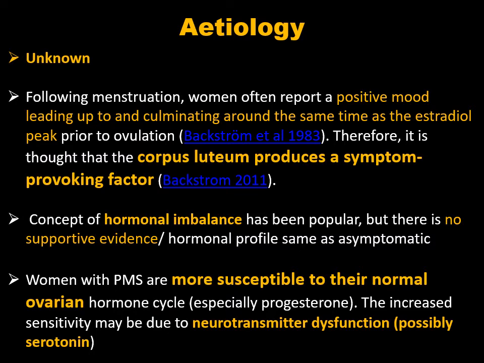The concept of hormonal imbalance has been popular, but there is no supportive evidence, as the hormonal profile was tested for symptomatic and asymptomatic women, and there was no difference. Women with premenstrual syndrome are usually more sensitive to their normal ovarian hormones, especially progesterone. This increased sensitivity could be due to neurotransmitter dysfunction, possibly serotonin.